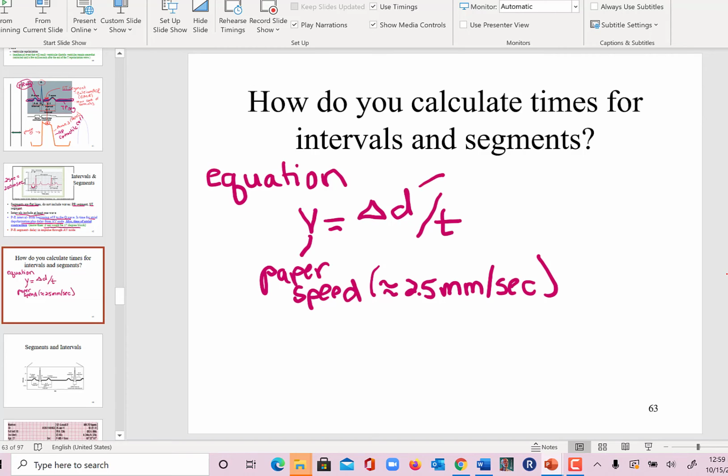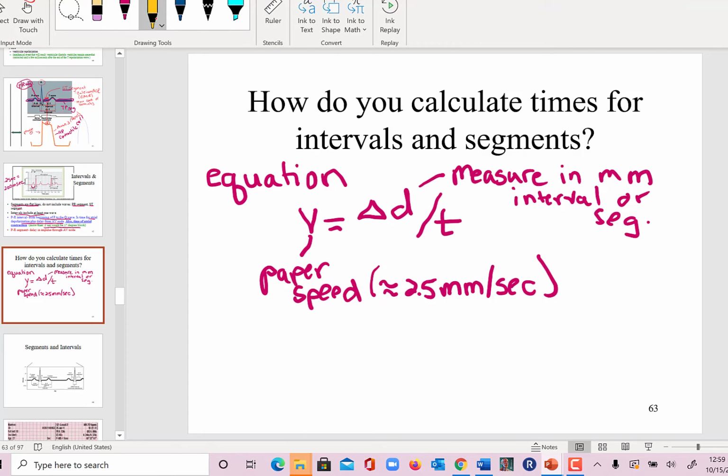Change in distance is where you measure, in millimeters, your interval or segment. You will solve for time. The correct units for an interval or a segment is in seconds.